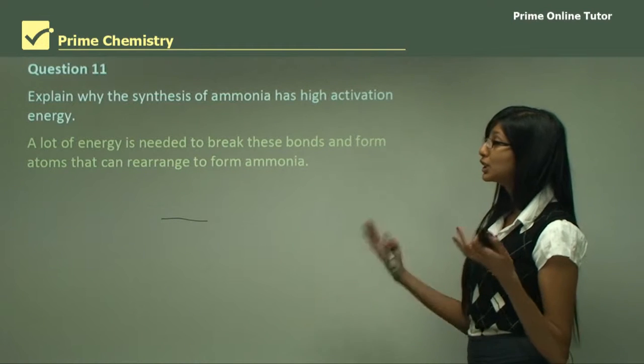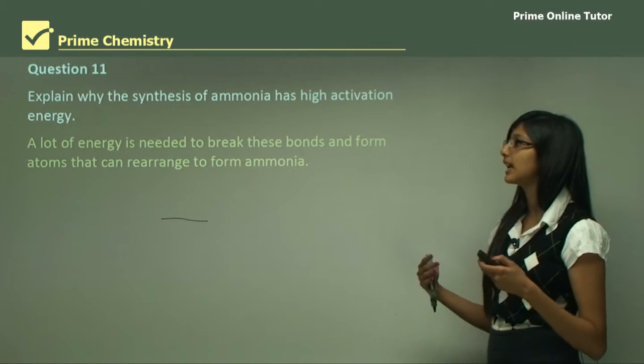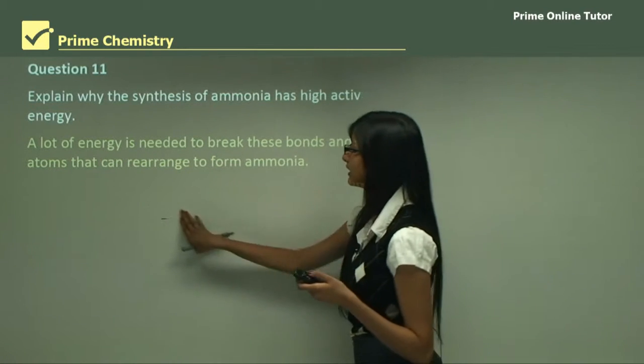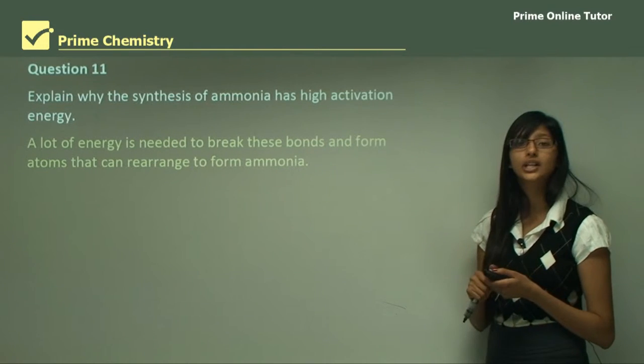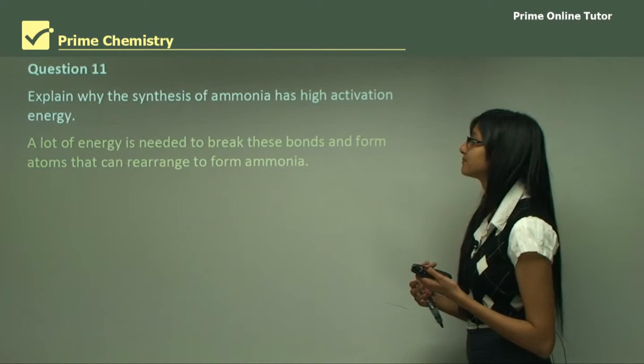Therefore, a lot of energy is needed to break these bonds and form the atoms that can rearrange to form ammonia. Hence, that's why we need a lot of energy. A high activation energy is required to synthesize ammonia to break the covalent bonds.